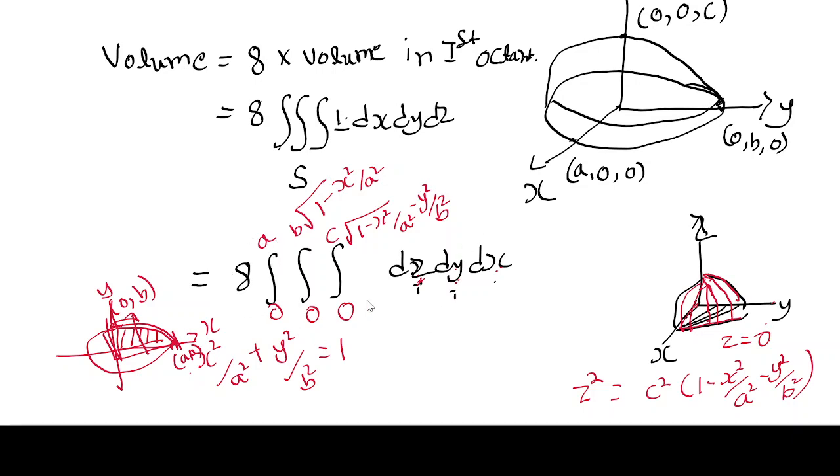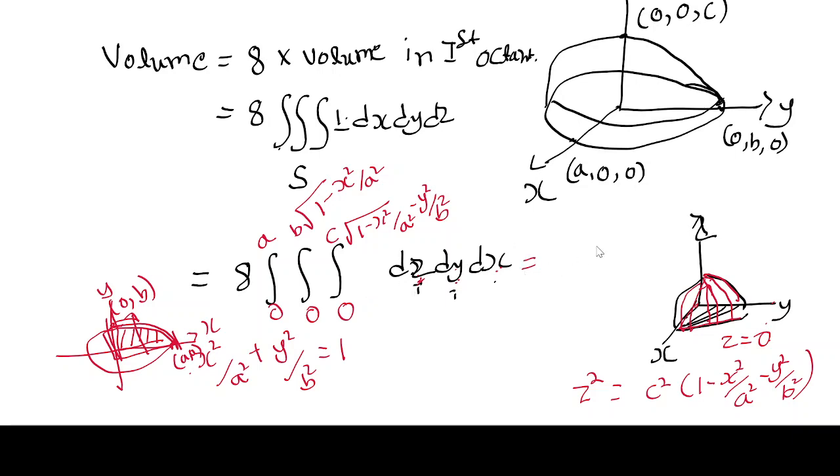So this is the integrand. By evaluating this integration, we will get the volume of the ellipsoid. I'm not going to discuss the integration part. This part of writing the limits is important. Once you understand how to write the limits, the remaining part you have already seen in many places, so I'm not going into the remaining part.